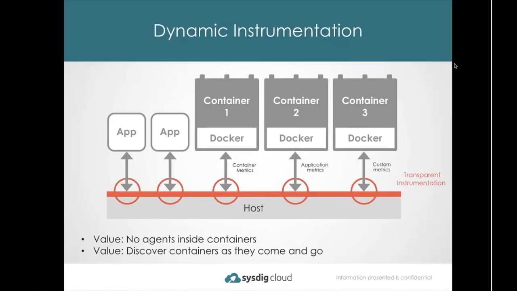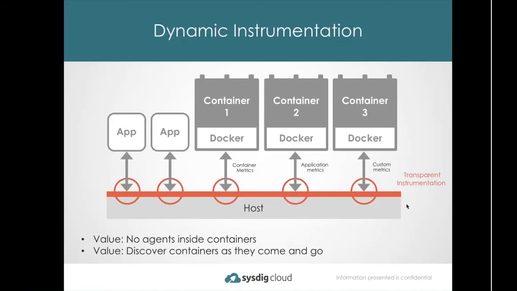What Sysdig has done, as opposed to just relying on the Docker Stats API, is realize that data was really limited to what Docker had the technical capability to expose. So instead, we developed a new form of instrumentation. It's a transparent type of instrumentation that leverages a basic facility in the Linux kernel called tracepoints.